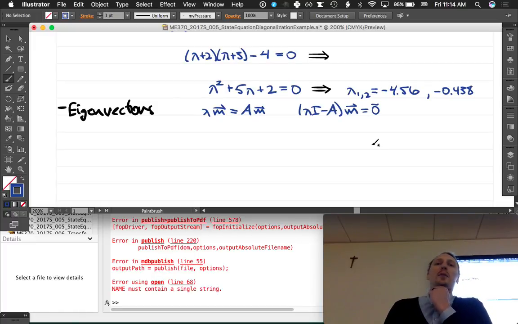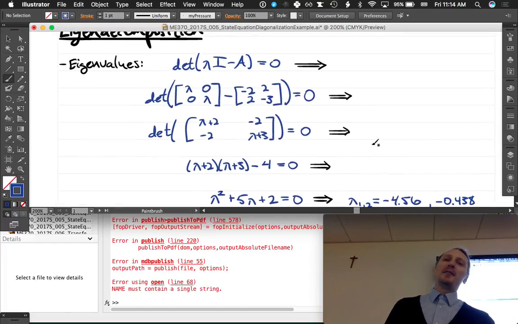And we're just going to plug the different lambdas in and figure out what the M's need to be. But actually, this lambda I minus A, we already computed for this determinant, right?